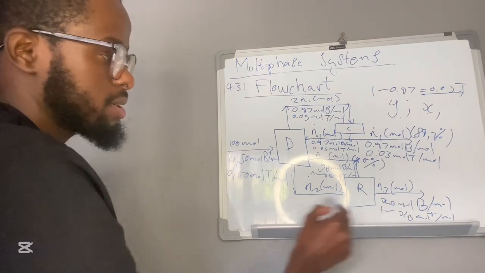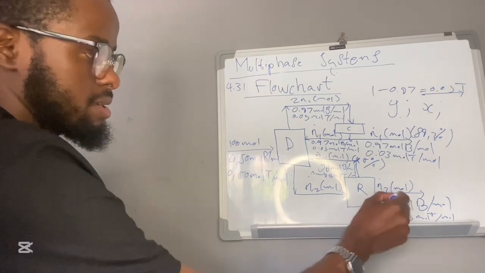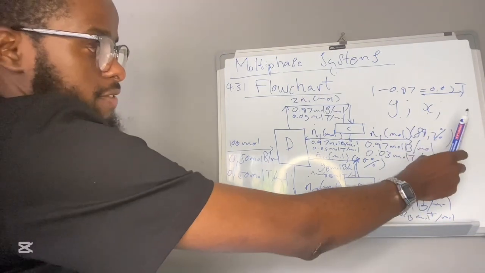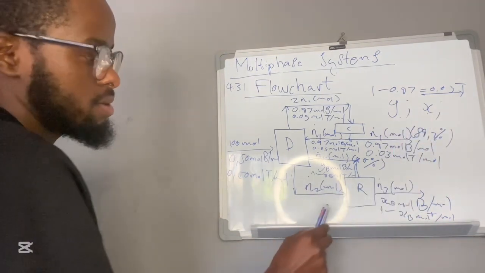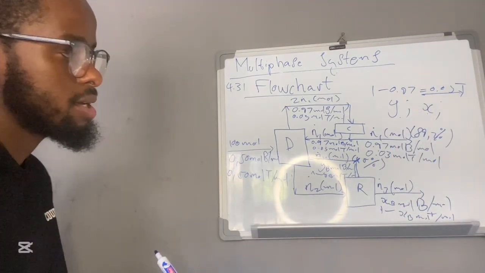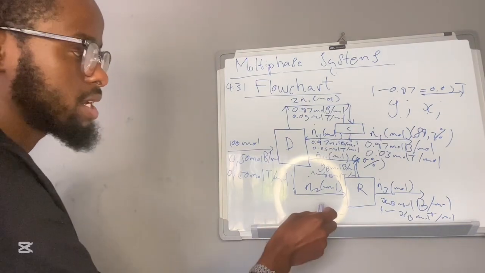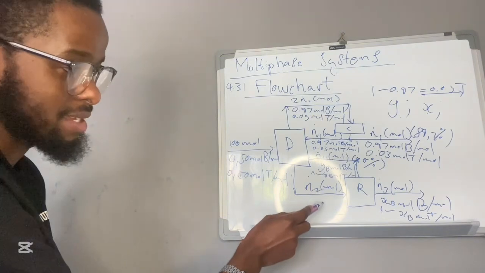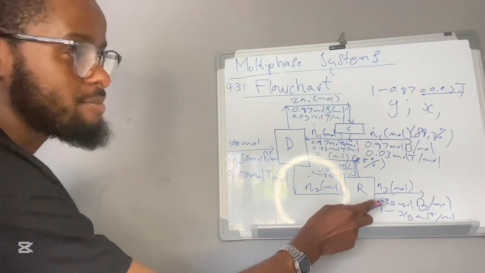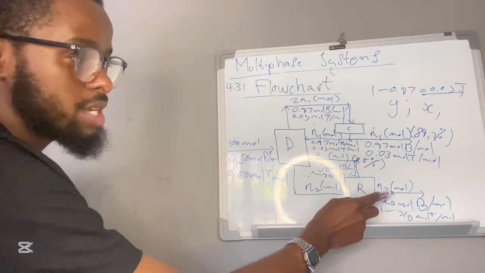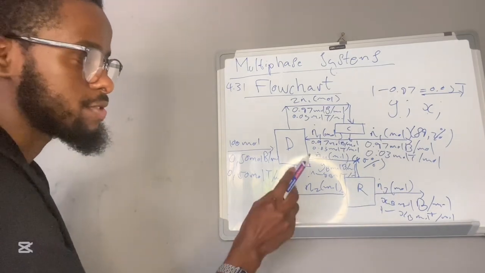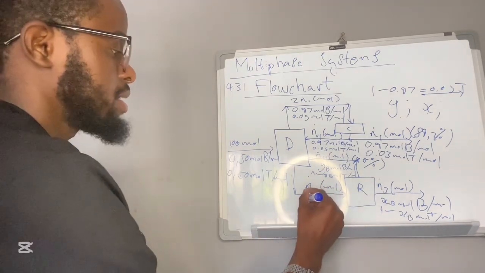This is not the same as this. So I have to use a different letter for this one right here, because if I use the same letter, that will mean this entry is equal to this end, which is false.